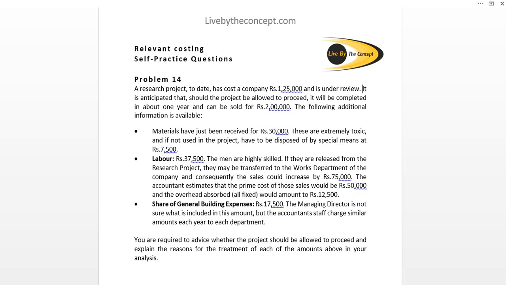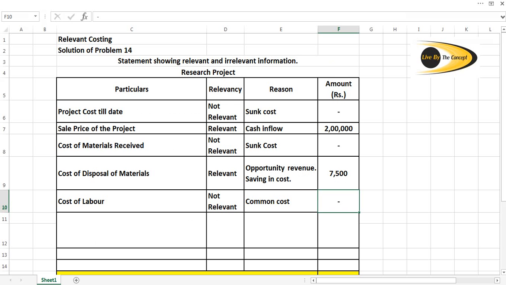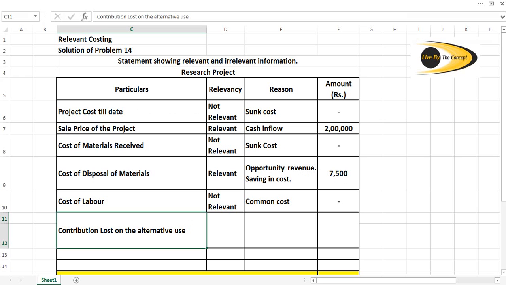Opportunity cost will be equal to loss of contribution plus the wage cost or the labor cost. So in that case it will be 25,000 plus 37,500, and that is how you will be having 62,500. So let us go for that calculation. You are having contribution lost on alternative use. In that case it is a relevant item, which is relevant cost.